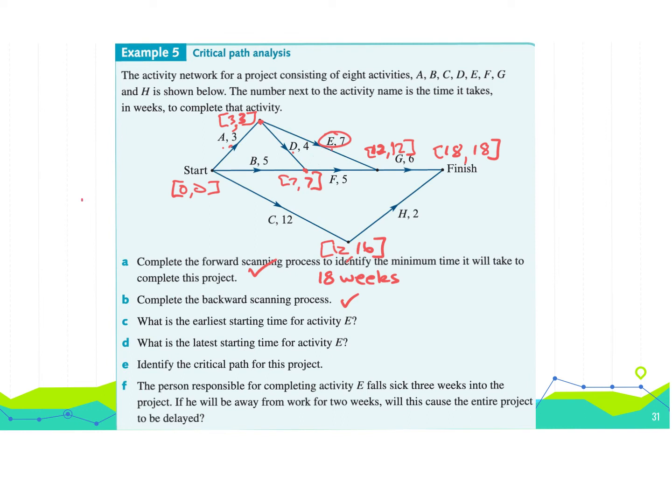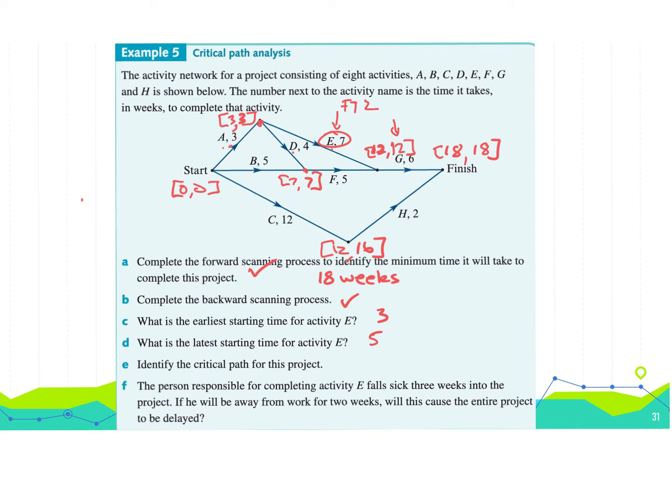So the earliest starting time, yes, it can get done after 3 weeks, sorry. What is the latest starting time? That's the end one here, which is the latest finishing time minus the activity, which is going to be 5. So that means that this activity here has a float time of 2.